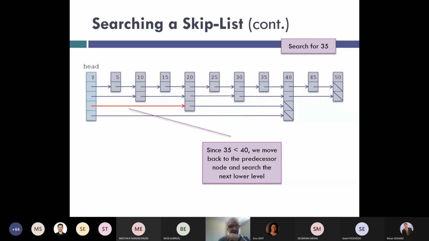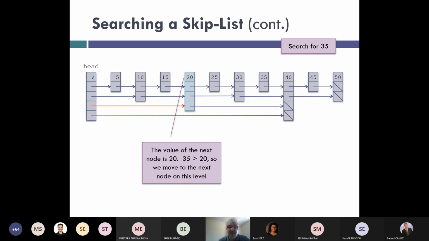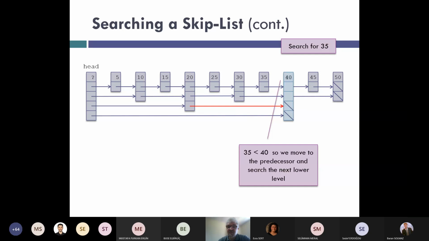And we go one level down to the level 3 link and try to locate 35. The first value is 20. 20 is smaller than 35, so we continue. We get to 40. 40 is larger. So the value 35 should be in between these two.